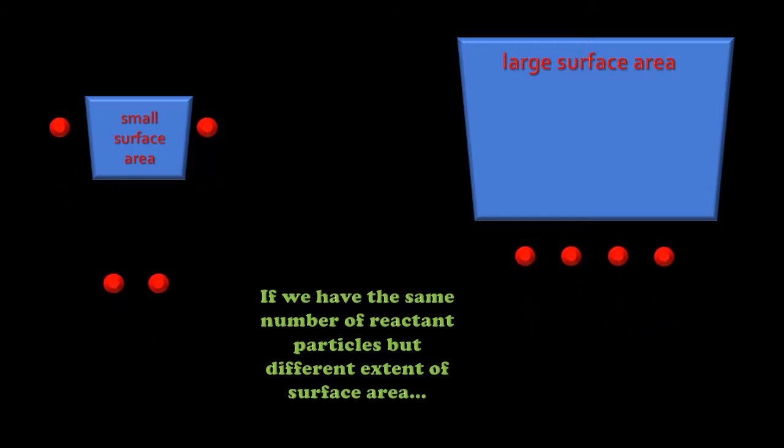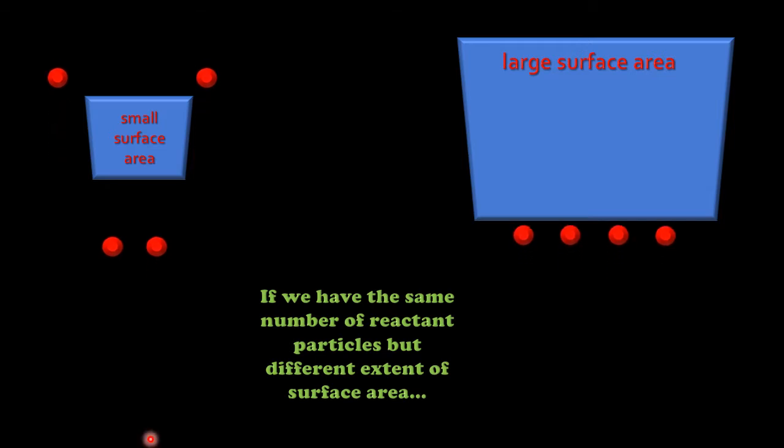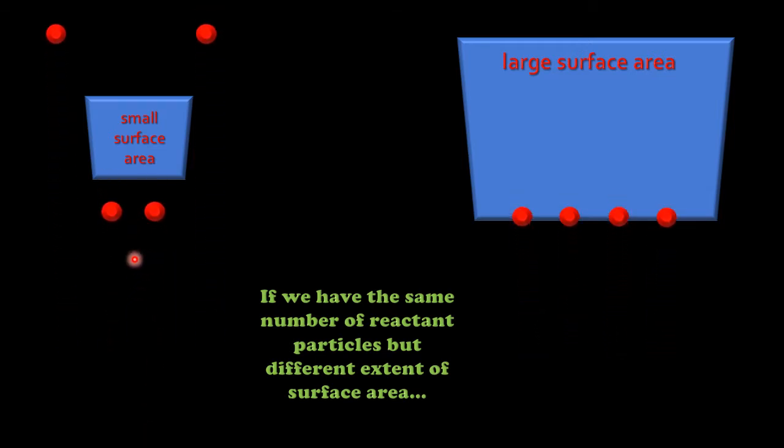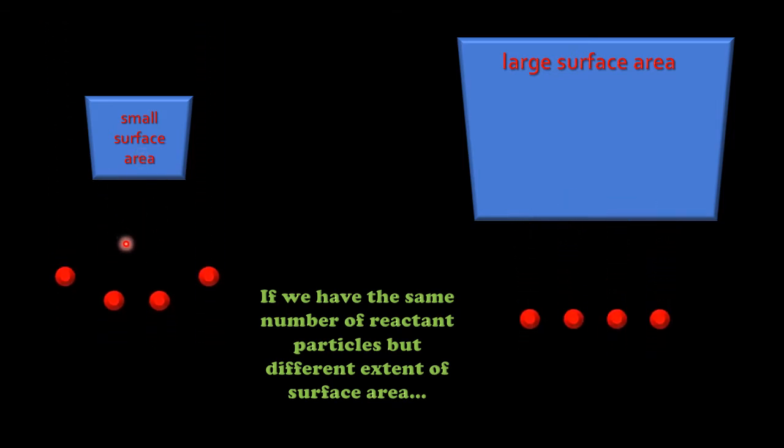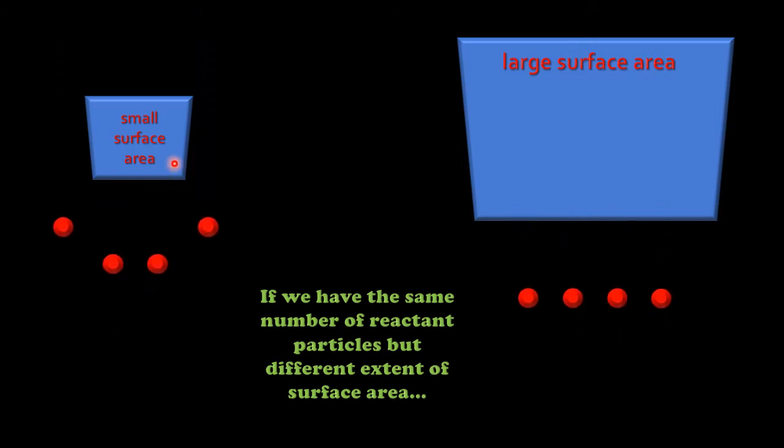We see that when we have the small surface area, the number of reactant particles from the other substance colliding successfully with the small surface area is small, meaning that out of 4 reactant particles, only 2 get to react with the small surface area.